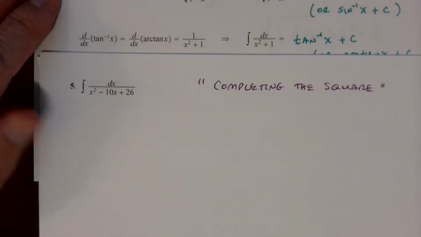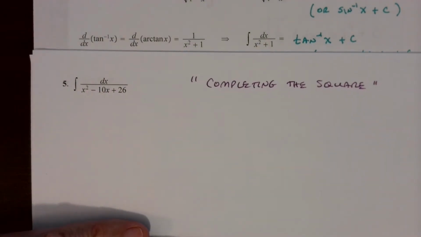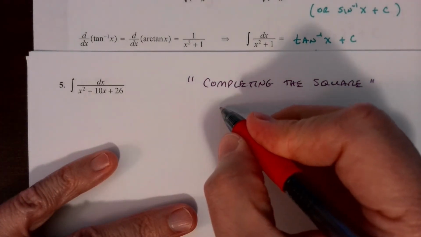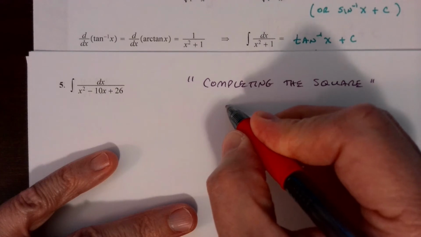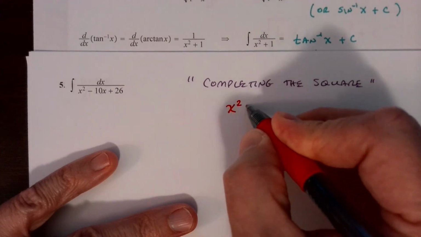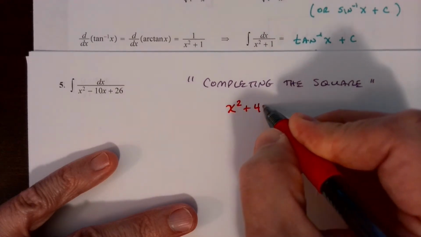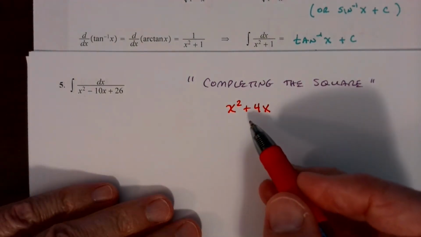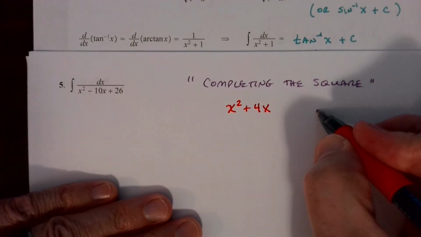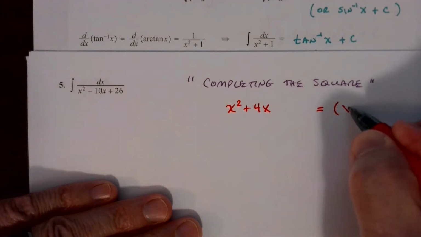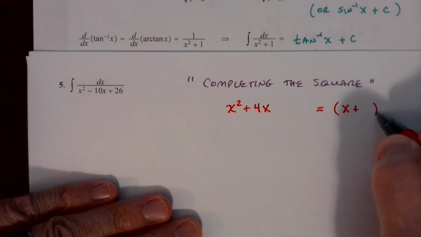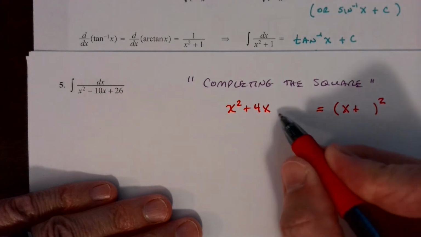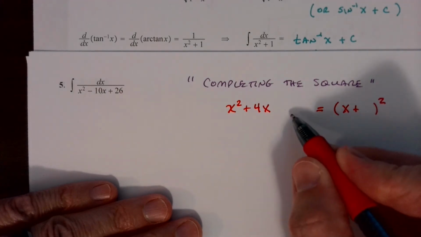The idea there is, if you have, say, x squared plus 4x, how can I complete the square on this? What do I mean by complete the square? I want to be able to write this as x plus something, in this case, squared. Okay, so what would I need to add to this to make it a perfect square?